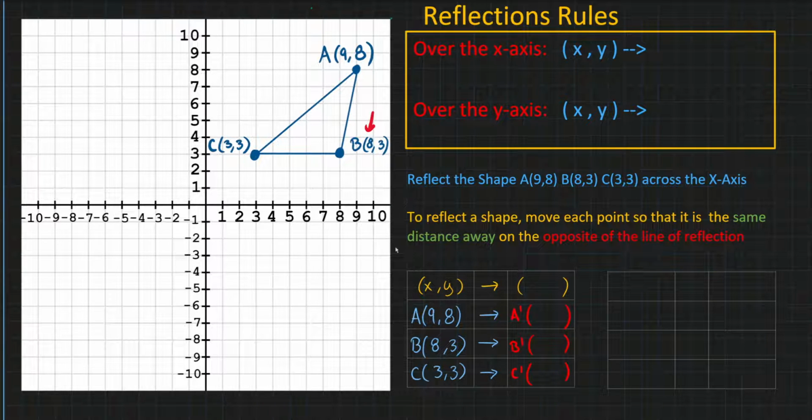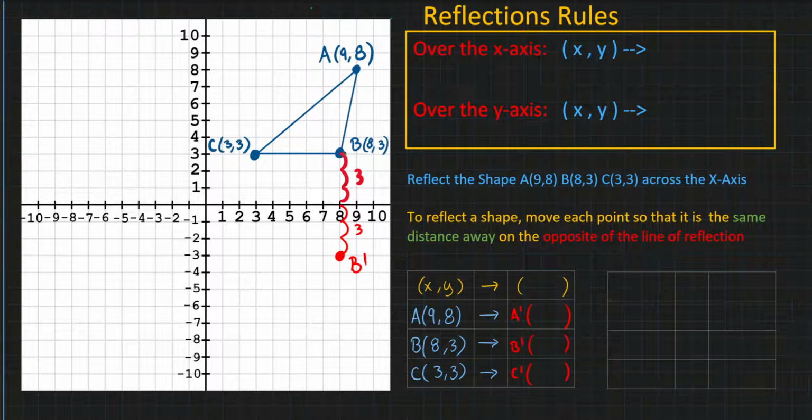B is (8,3). I want to move it on the other side of this x-axis, but I want it to be the same distance away. So B right now is 1, 2, 3 away. B prime is also going to be 1, 2, 3 away. And then I just place my point, B prime. There you go. That's simple.